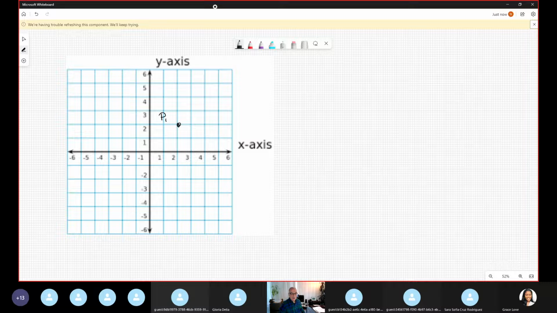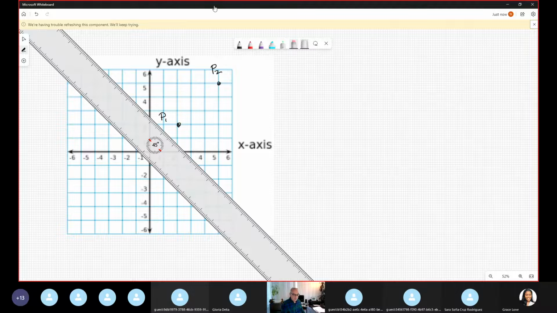And P2 is here, P2, which is (5, 5). Now my goal is to determine the distance, to get the length of this segment.